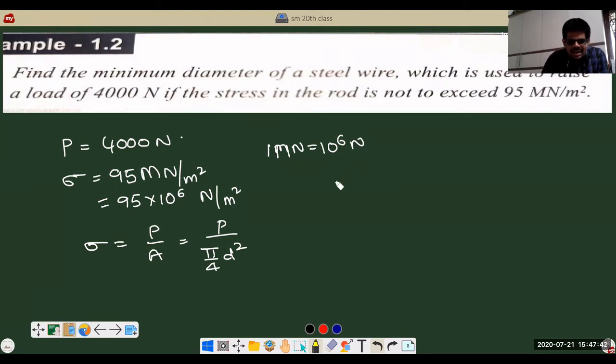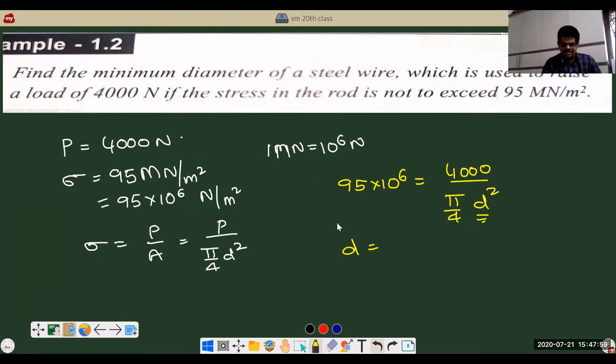Sigma is 95 into 10 to the power of 6, which is equal to P, that is 4000, by pi by 4 d square. Simply find the value of d. Solve this and tell me.